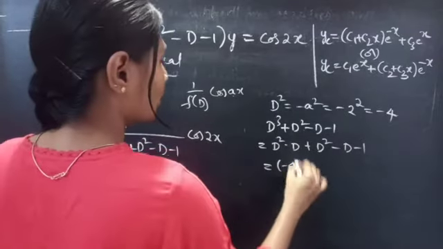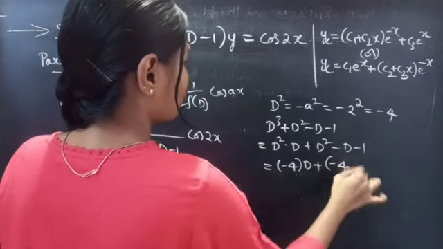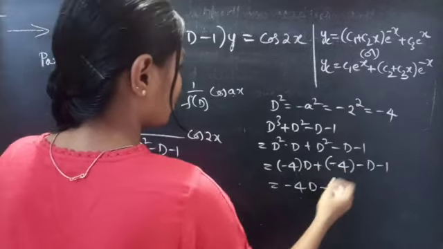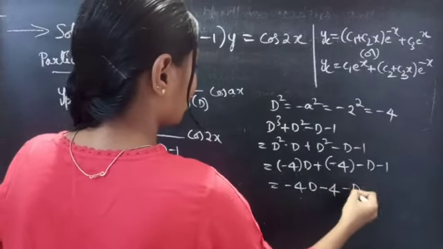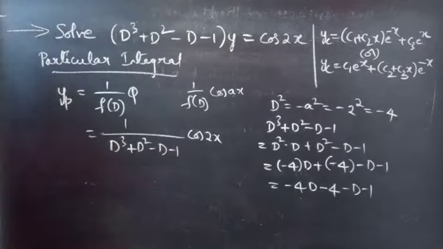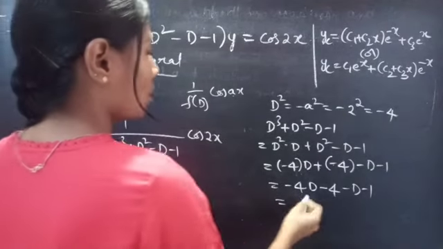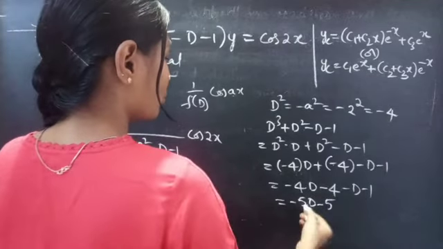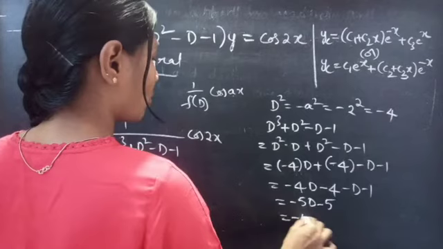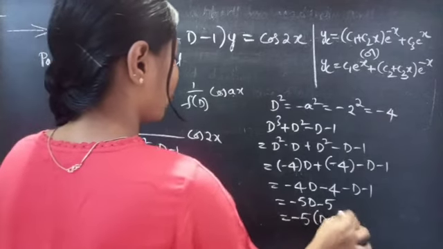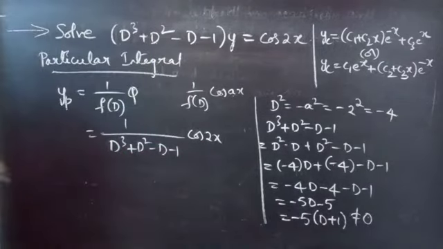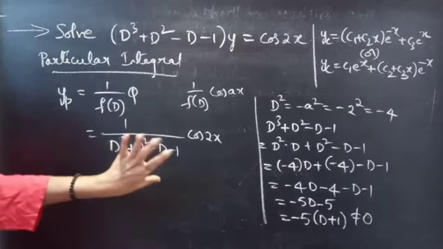We'll get minus 4 into d plus minus 4 minus d minus 1, which is equals to minus 4d minus d is minus 5d. Minus 4 minus 1 is minus 5, which is not equals to 0, right? Let's take minus 5 common, then we'll get minus 5 times d plus 1, which is not equals to 0. So we got to know that by replacing d square by minus 4 in the denominator, we'll get not equals to 0. The denominator will not become 0, right?